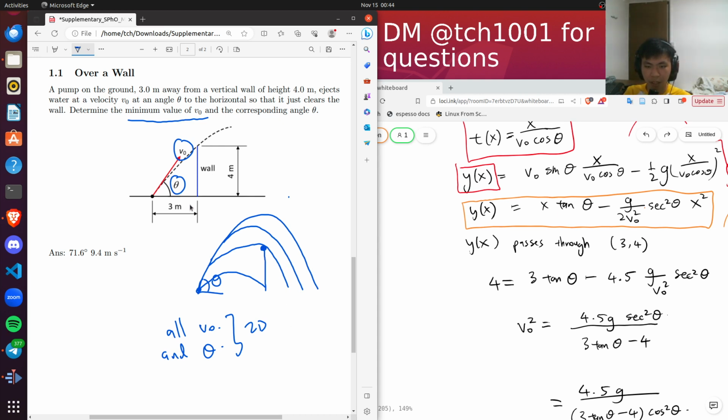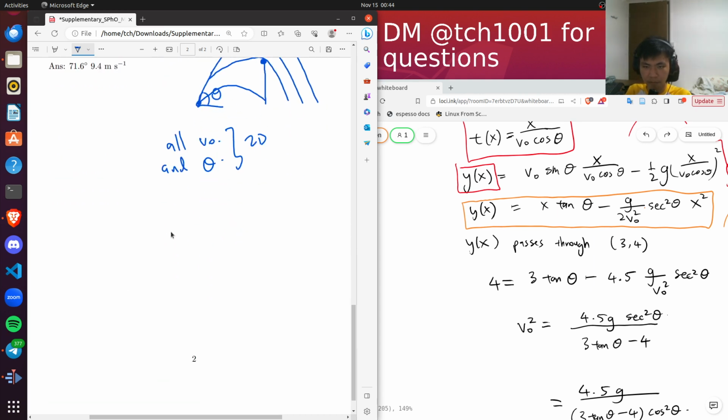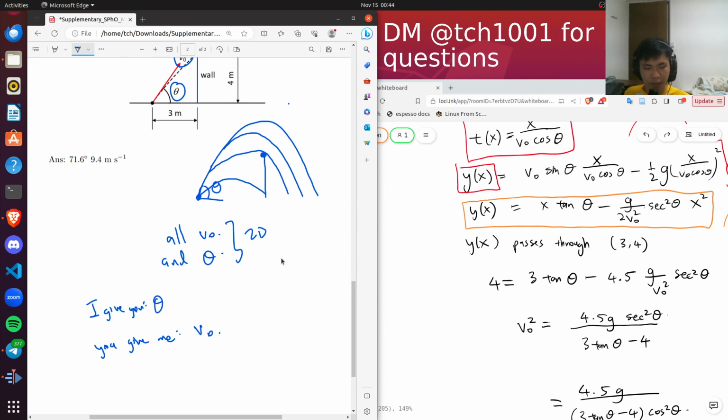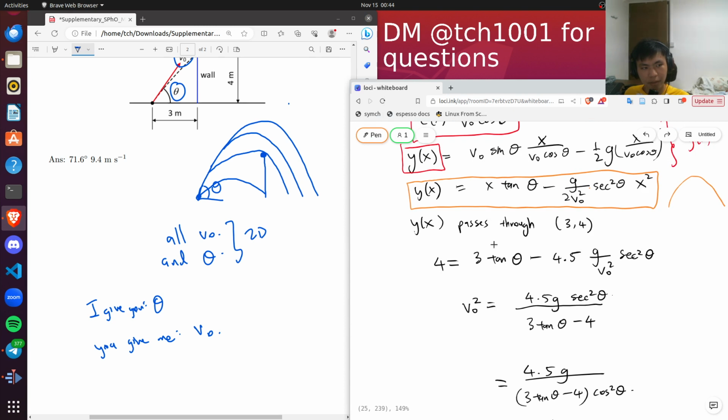So now I've eliminated a lot of pairs of v naught and theta, such that for every theta, I give you theta and you give me a v naught, right? You calculate some v naught that says at this angle you need to be at this velocity to clear the wall. Okay, and so how do we do that in terms of equations?